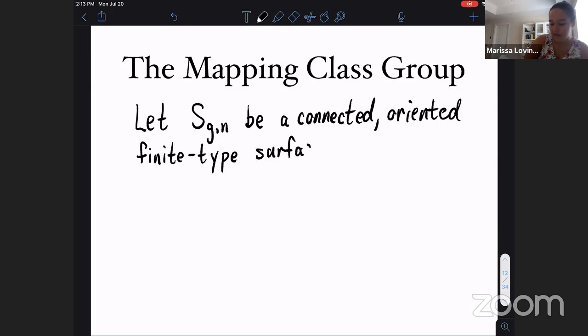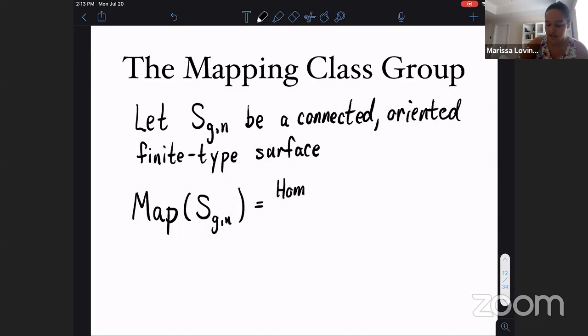And we'll define its mapping class group, which I'll denote Map of S. This is going to be the group of orientation preserving homeomorphisms of my surface up to homotopy.